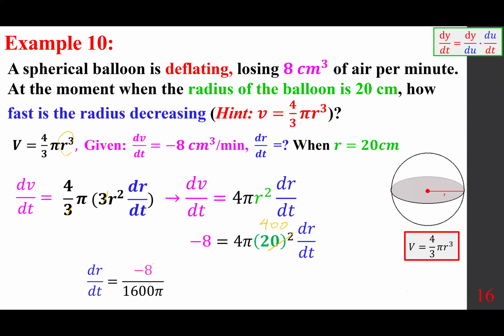So 8 becomes 1, 1600 becomes 200. So -1 over 200 pi. And the units of the radius over the units of time, centimeters per minute. Again, an approximation if they ask you, otherwise you don't have to put it into a calculator. You get negative 0.001592 centimeters per minute. As you can see, I have many decimals depending upon how many they ask you.